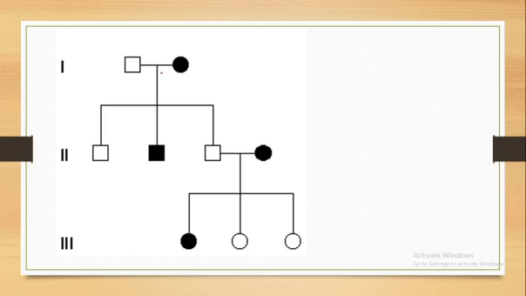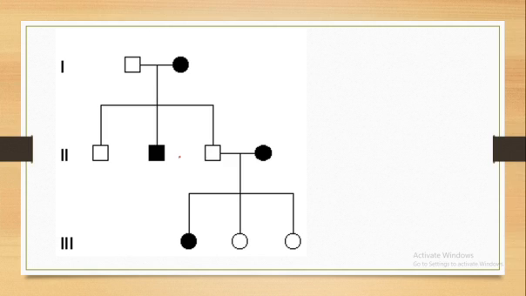The character can be seen in all the generations, one after another. So it points to a dominant trait. It is an autosomal dominant trait. How it is autosomal, I have already talked about. How it is dominant, that also I have mentioned.